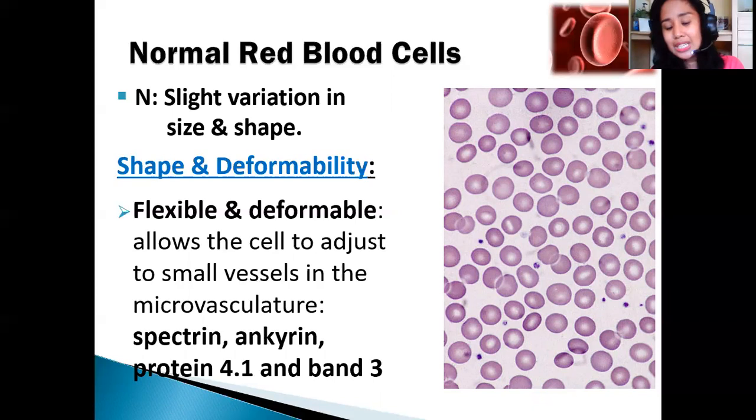So if there's something wrong with this cytoskeleton, itong spectrin, ankyrin, protein 4.1, and protein band 3, it can affect the shape and the flexibility of your red blood cells. So yan ang sentro ng topic natin today. These proteins, and the lack thereof, will result in red blood cell anomalies.